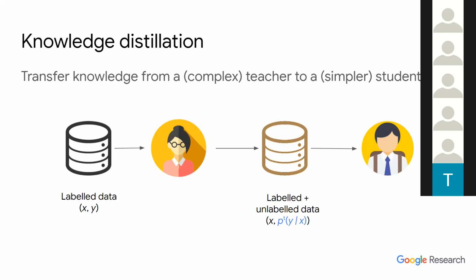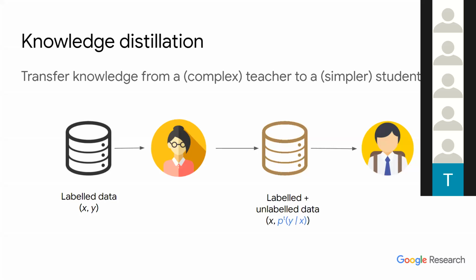Okay. And usually the setting is you train a teacher. So this is the teacher, a complex teacher, from labeled data. So you have X and Y: some input and then some labels. And what we usually do is that for the student training, we can also use the labeled data, but we usually use some unlabeled data, and then use the teacher to estimate the Y, the label distribution from the teacher.